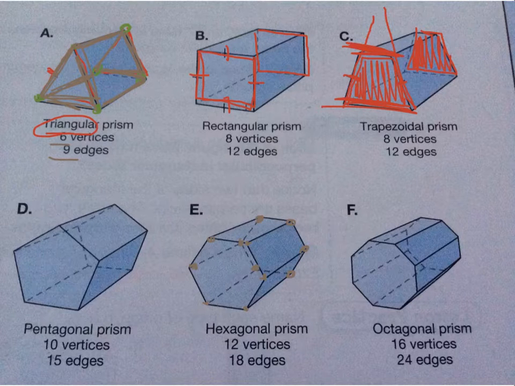And then when we move to edges, 1, 2, 3, 4, 5, 6, 7, 8, 9, 10, 11, 12, 13, 14, 15, 16, 17, 18. So again, vertices are where your edges meet.